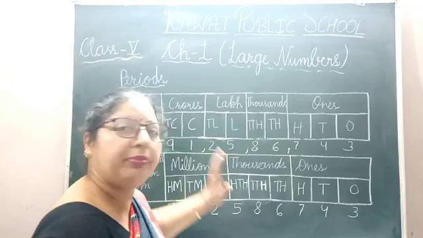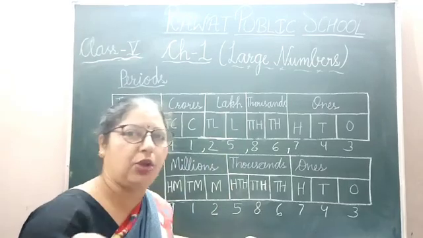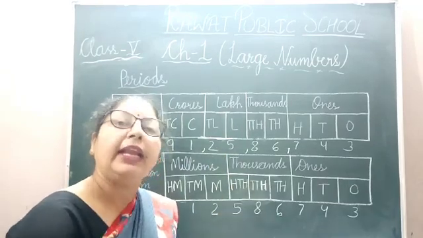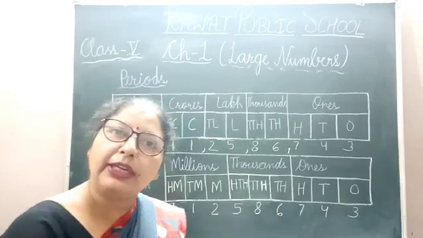The grouping system in both systems is the same up to 10,000. After 10,000 it differs.